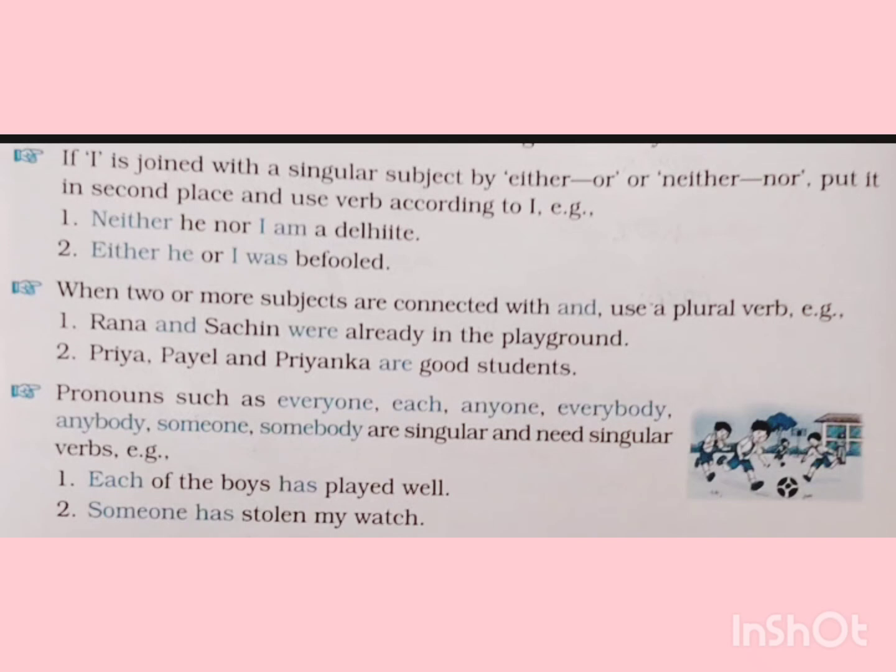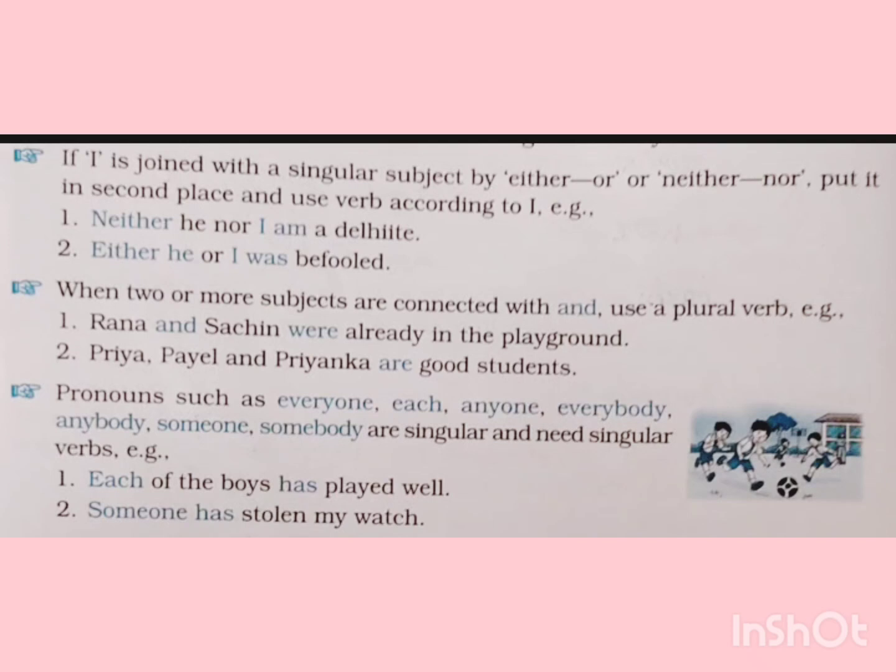For example, neither he nor I am a delight, either he or I was befooled. So in this case my dear children, when it is ending with the I, and one is singular and it is starting with a neither or nor, then if it is I, we will use I am or I was.